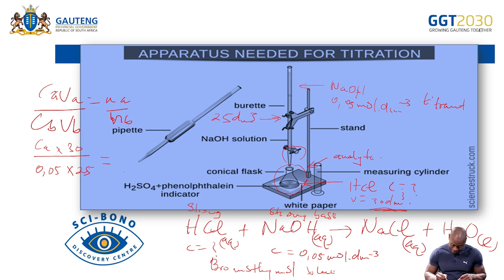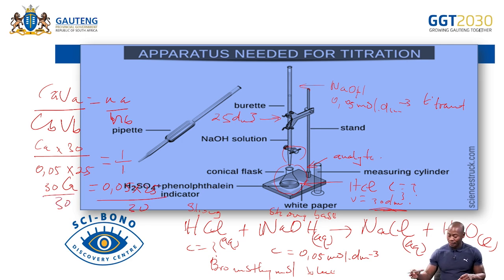Equals Na. Coefficient of an acid is 1. Coefficient of a base is also 1. So it's 1 over 1. All right. So then I'm having 30 Ca equals 0.05 times 25, divided by 30.